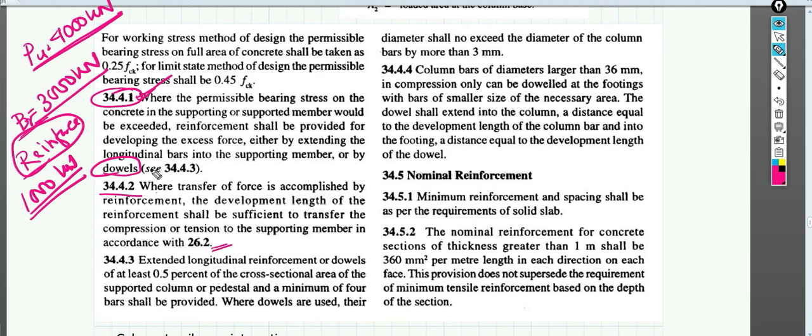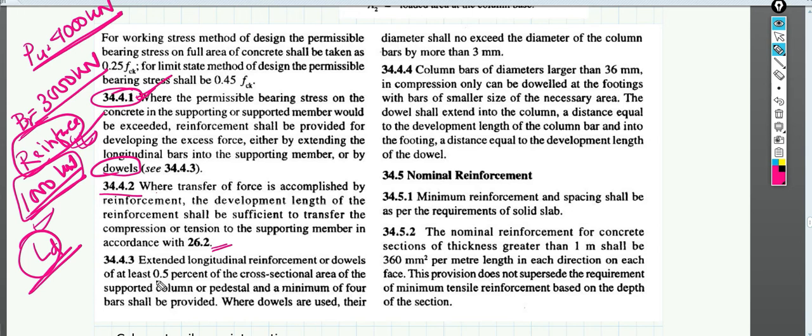So when this is the case, we have to provide the reinforcement, then check whether this reinforcement is sufficient to transfer the load, considering the development length criteria. That means whatever reinforcement you are providing to take care of this excess load, you have to check for development length.